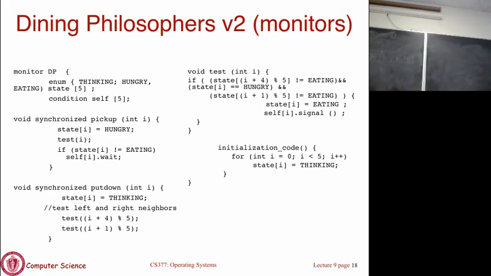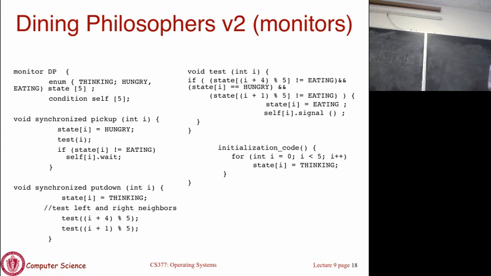So if either my left neighbor or my right neighbor is currently eating, then I'm not going to set my current state to eating. Because if neither my left nor my right neighbor is eating, then I'm fine. I can pick up both and start eating. But if I can't do that, I'm not going to set my state to eating. And so then back here, my state will not be eating, and I'm going to call wait.